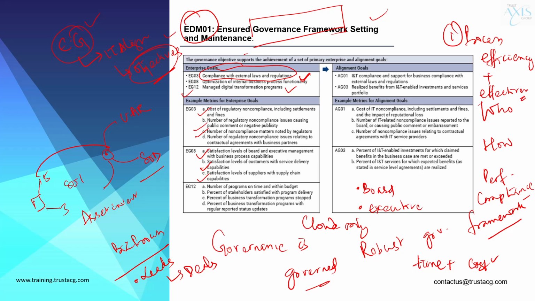So, you have around 80% compliance against this particular metric. Similarly, the percentage of your stakeholders who are satisfied with the outcomes of the delivery that you are providing to them. Similarly, the percentage of programs that had to be stopped prematurely because of incorrect estimation of budget, cost and time could also be one of the metrics. And finally, another metric you can leverage here is the percentage of programs that provide regular accurate status updates.